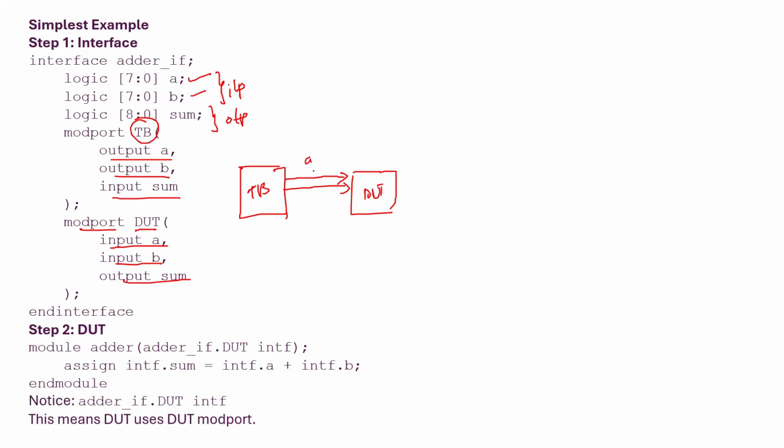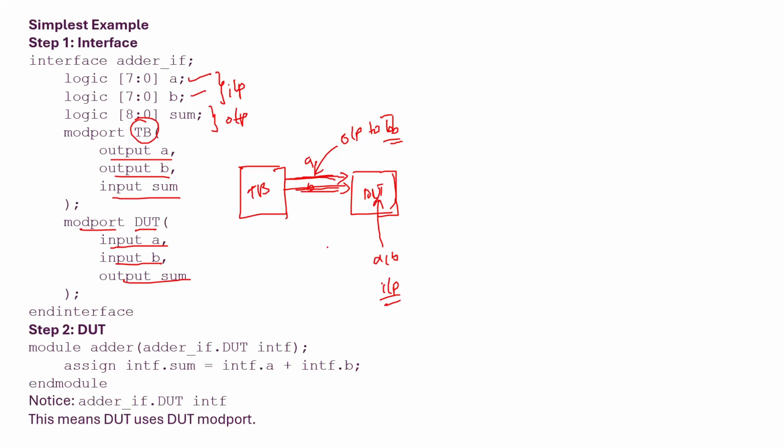A, B are the input signals. That is the reason they are outputs from the TB. In TB, A, B are the outputs because the direction is going out and coming in as input to the DUT. That is the reason A, B are the inputs to the DUT.